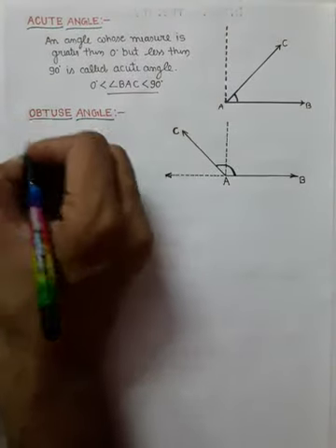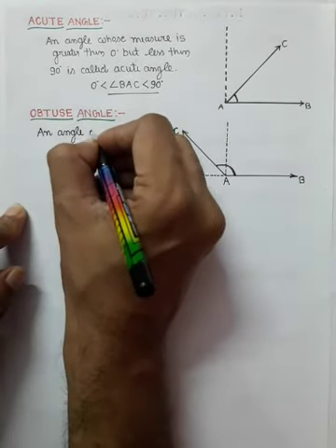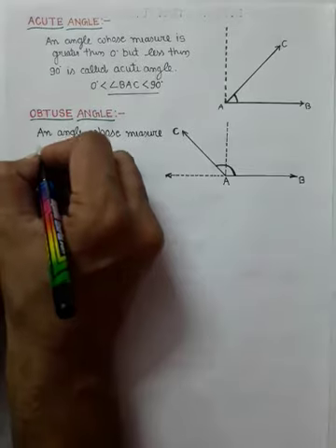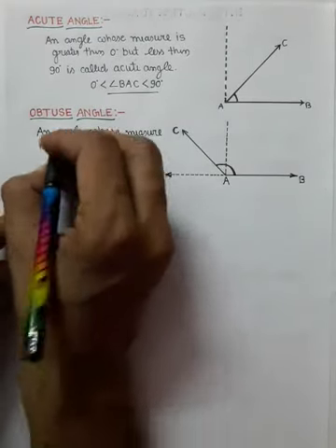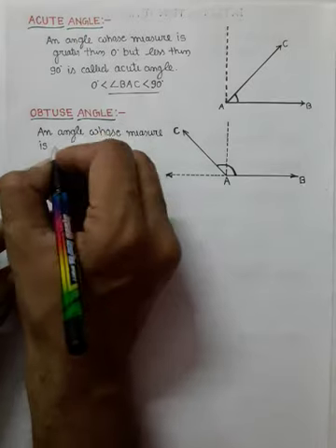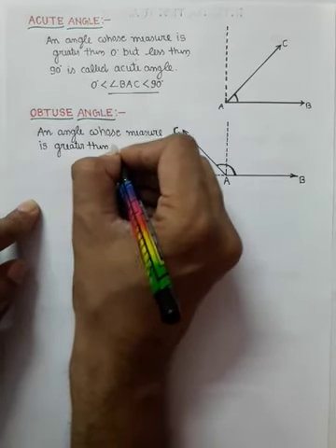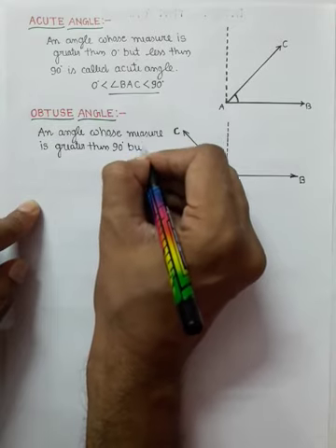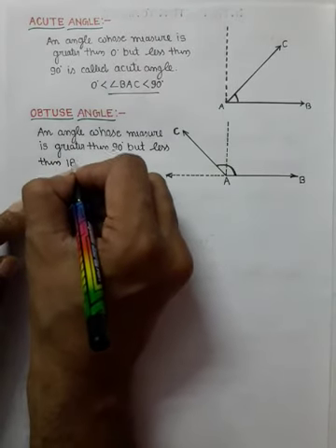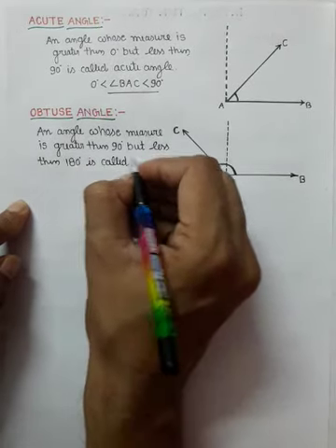So it can be written as an angle whose measure is greater than 90 degree but less than 180 degree, called obtuse angle.